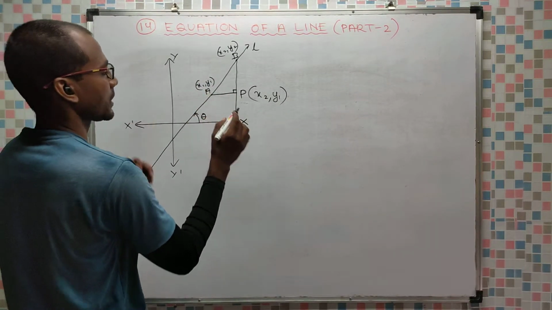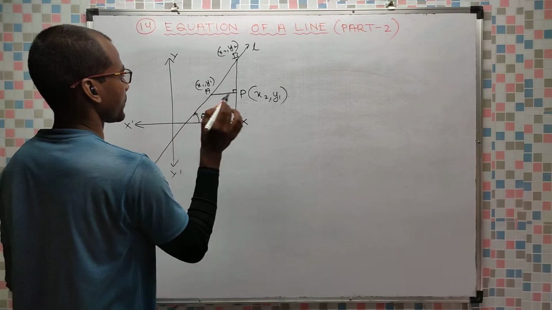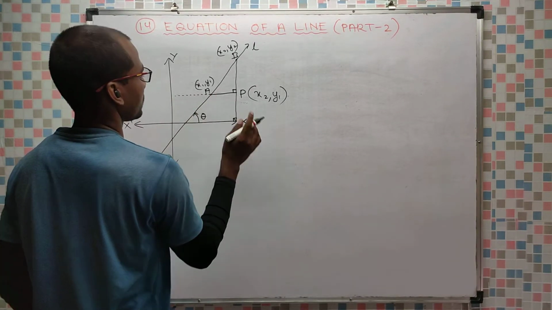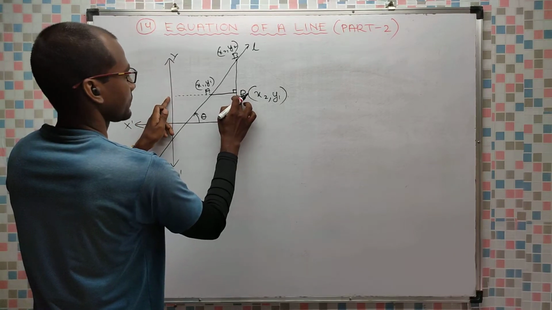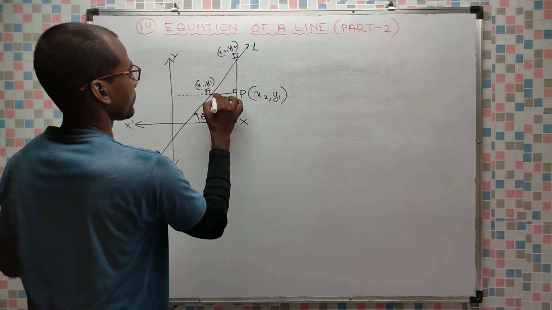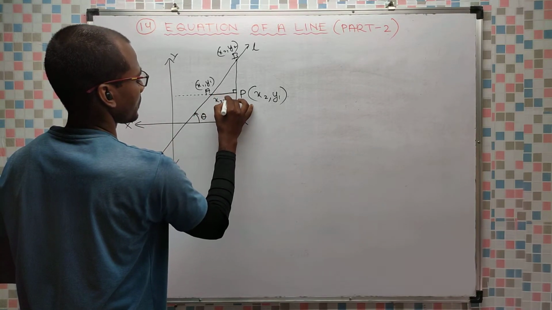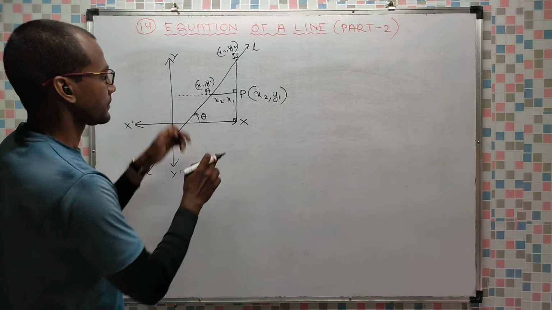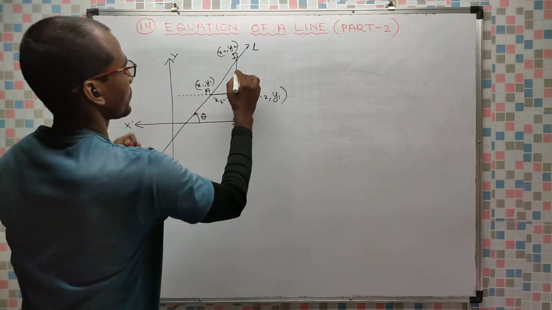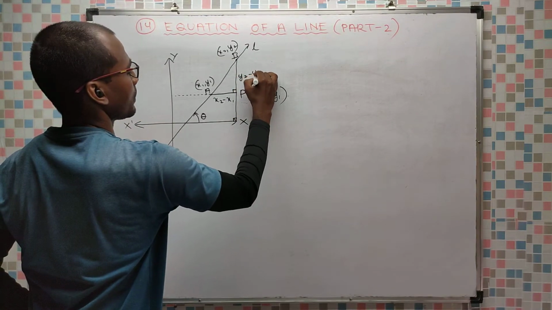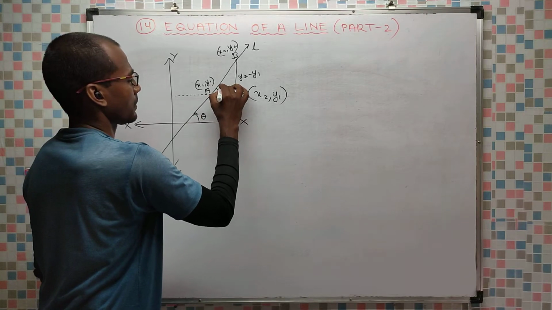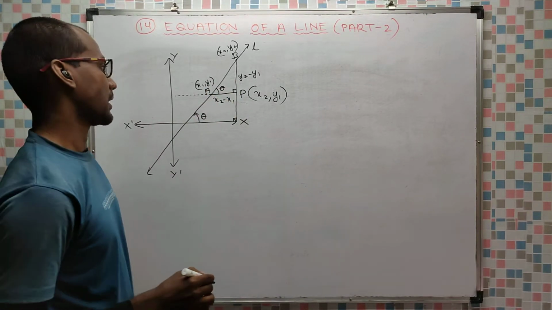AP is equal to this, already I have done in reflection chapter, section formula also. This distance is x2, this distance is x1, so this will be x2 minus x1. This distance is y2, this distance is y1, so this will be y2 minus y1. And if this is theta, this is also theta, because corresponding angles.